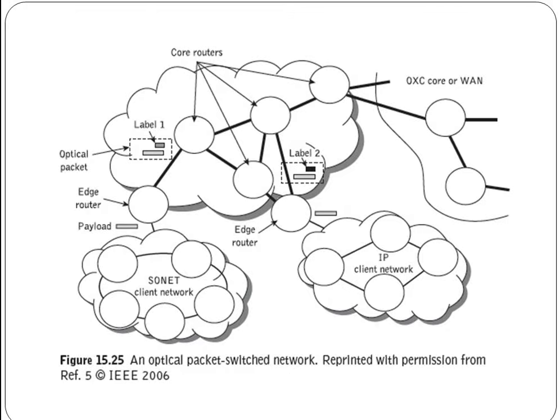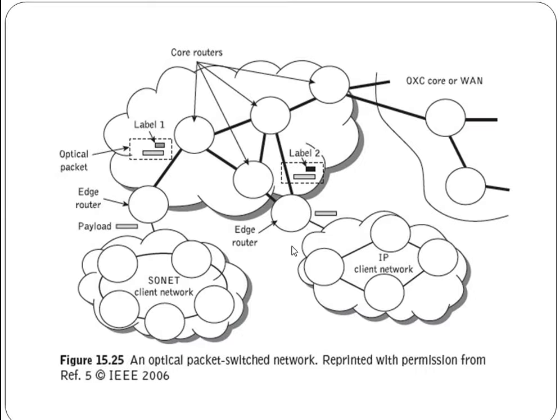This figure is an example of an OPS network. Here it shows a long haul or core network connected to both a SONET and an IP network.